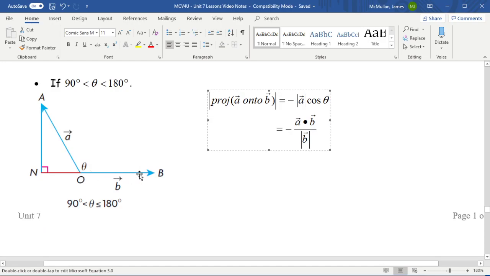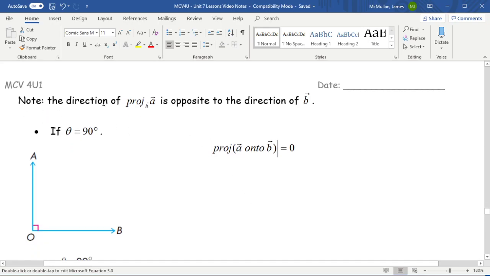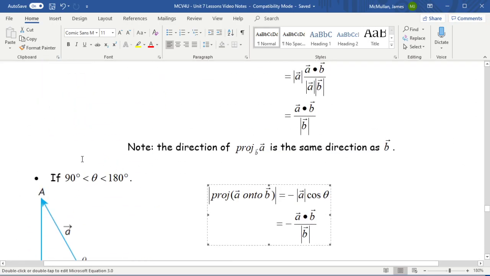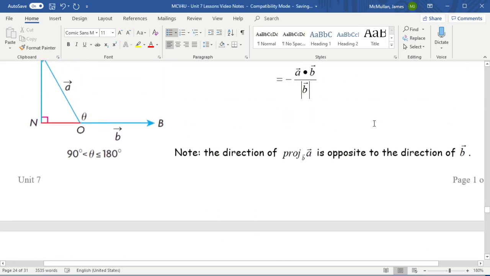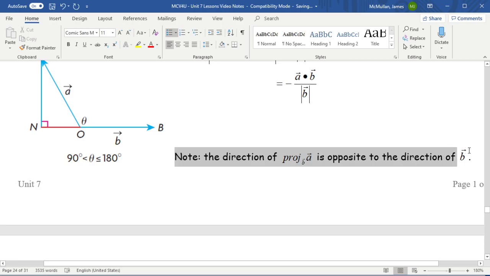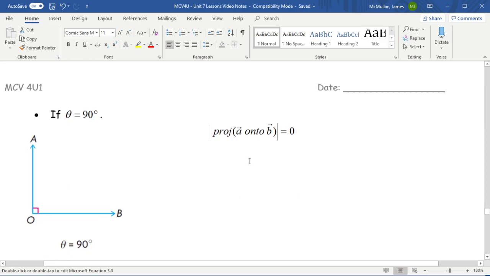Vector B is pointed to the right, but the projection actually goes to the left. So this is just saying it's in the opposite direction. So again, when you give an answer, you say the projection is 6 or the projection is 8 in the opposite direction of B, and that's your scalar projection.